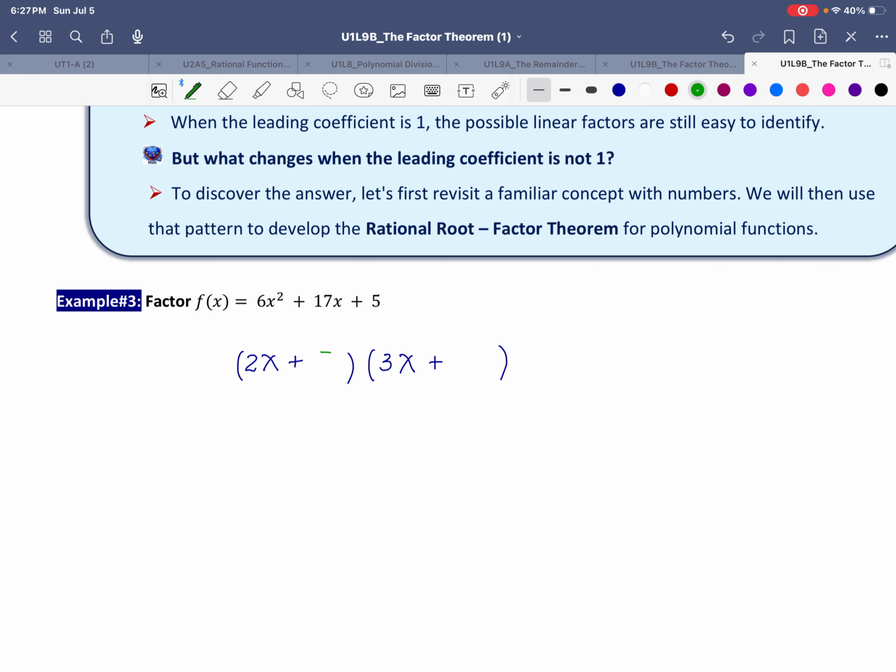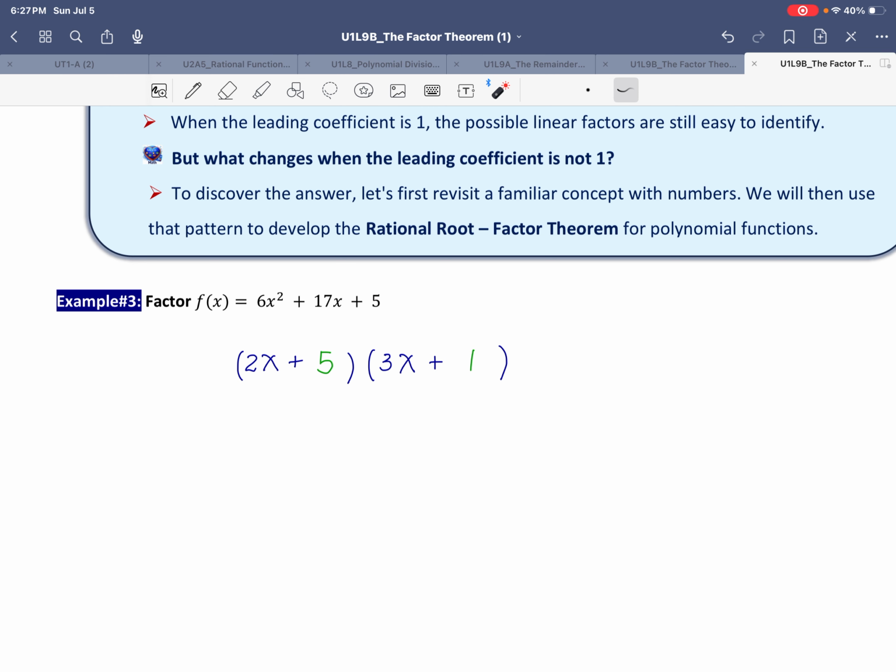So I'm going to switch the places. So I'm going to write 5 in here and 1 in here and see if that is going to give me back my polynomial in standard form. 6x squared, 2x plus 15x, 17x, and 5 times 1 is 5.